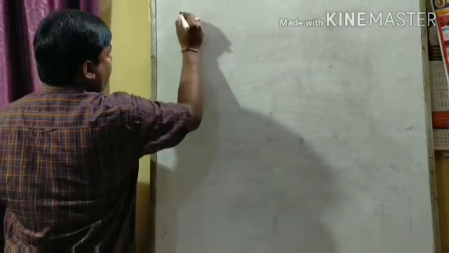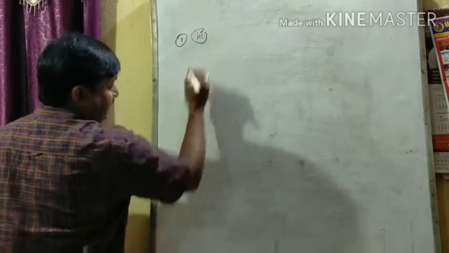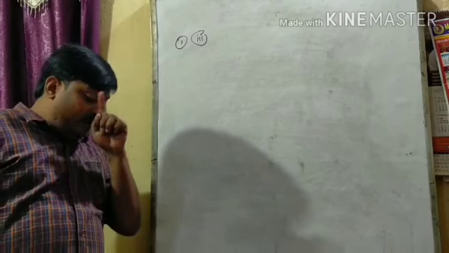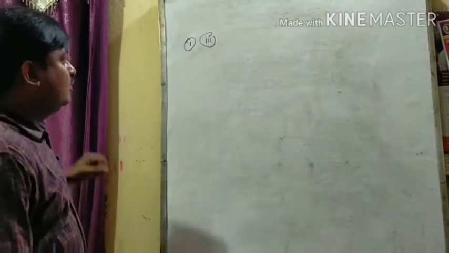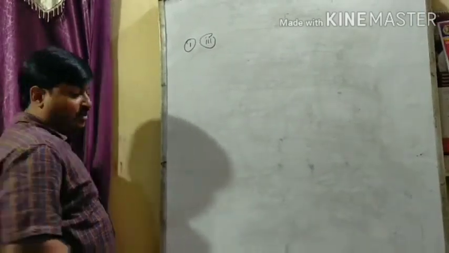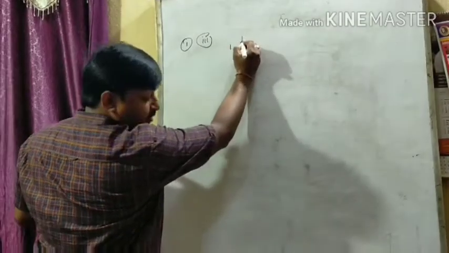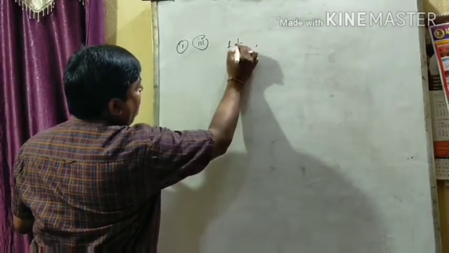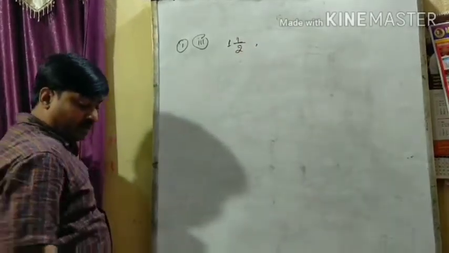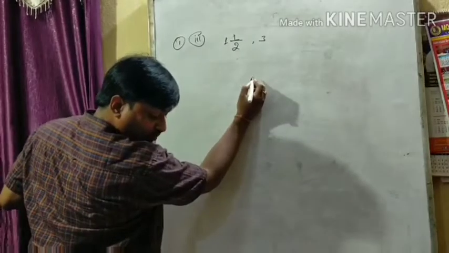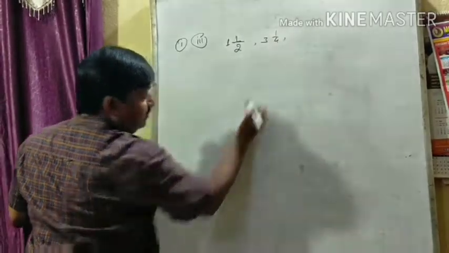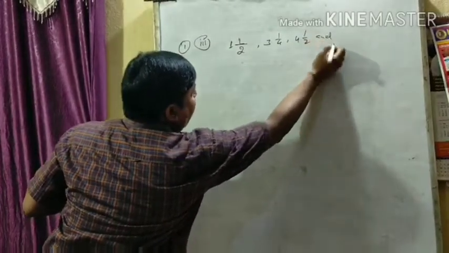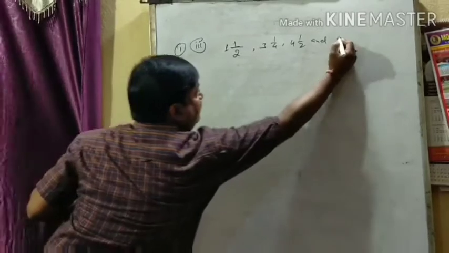One more question, that is the third question of question number 1. When the terms are given in fractions, how will you find whether the terms are in proportion or not? The terms are 1 whole 1 by 2, 3 whole 1 by 4, 4 whole 1 by 2 and 9 whole 3 by 4.